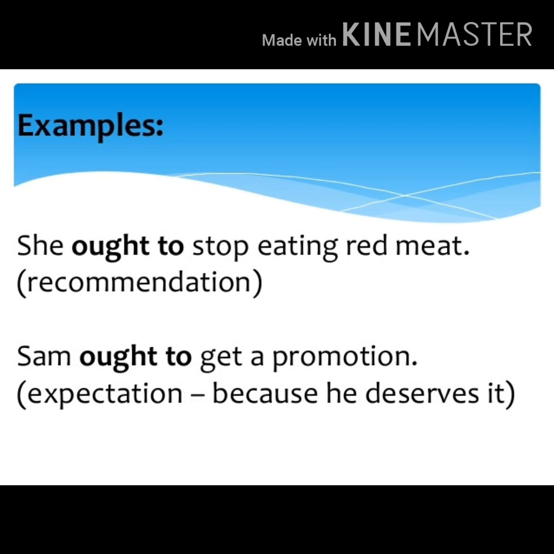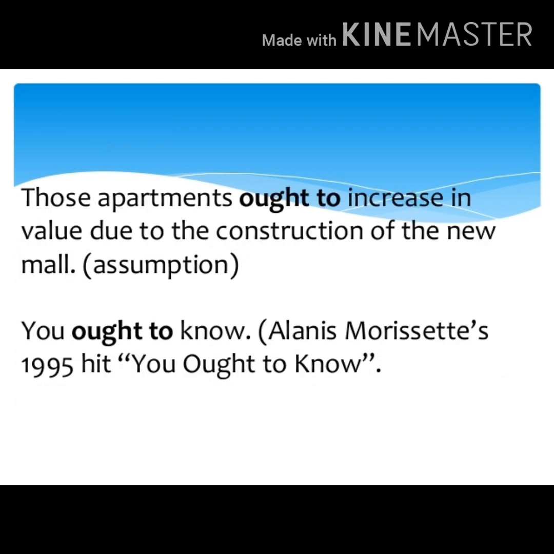Sam ought to get a promotion. This is expectation because he deserves it, as I have already told you. Ought to can be used for assumptions: Those apartments ought to increase in value due to the construction of the new mall.